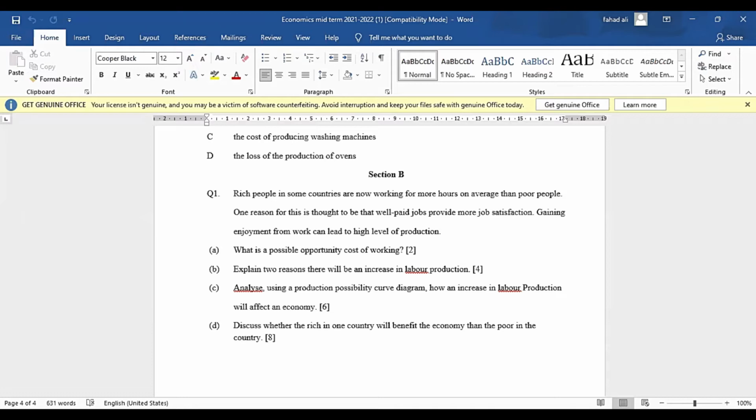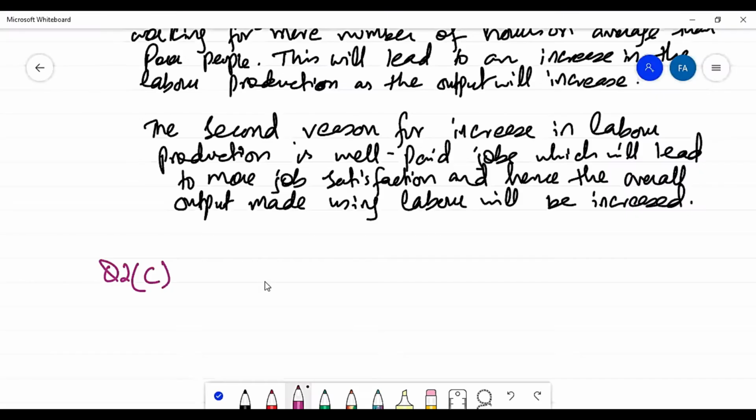First of all, we'll explain PPC. The key term needs to be explained. We need to give a definition.